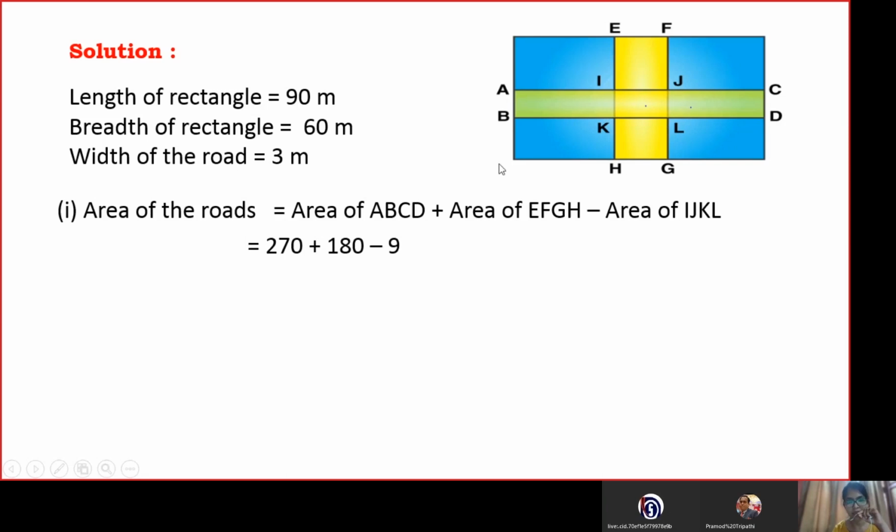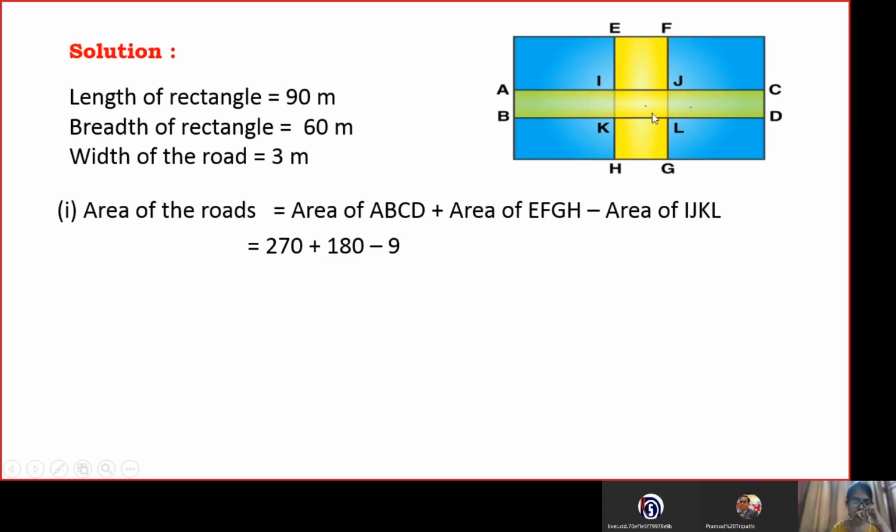Okay. You can see the length of the rectangle ABCD is 90 and the width AB is 3. So 90 times 3 we get the answer as 270. Then for EFGH we know the breadth is 60 and the width of the road is 3 meters. 60 into 3 we get the area of EFGH as 180, and the middle one is a square, isn't it?